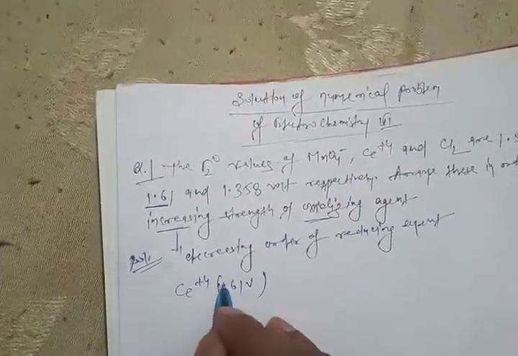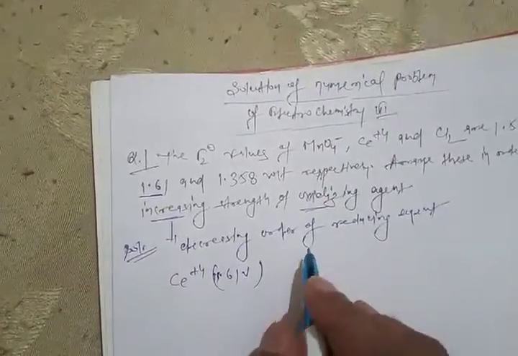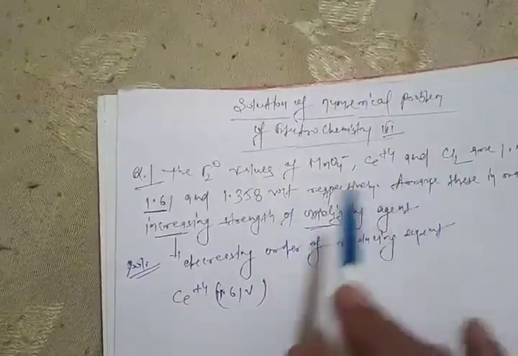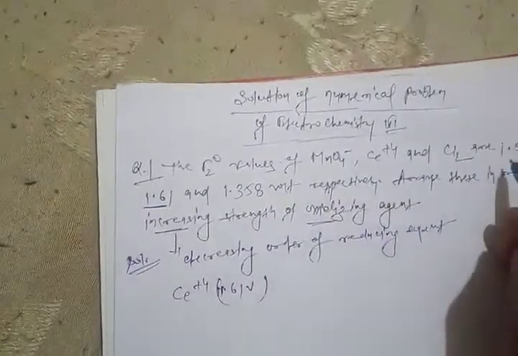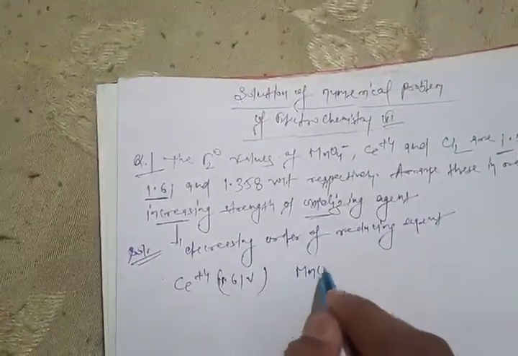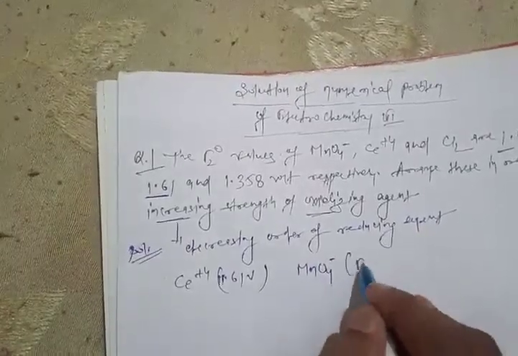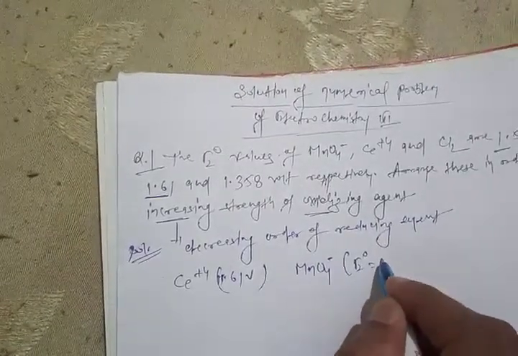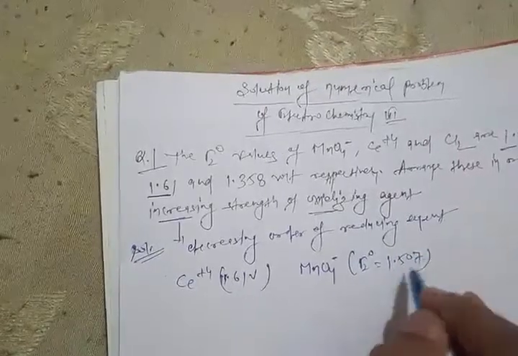Then the second highest is for MnO4 negative, whose E naught value is 1.507.